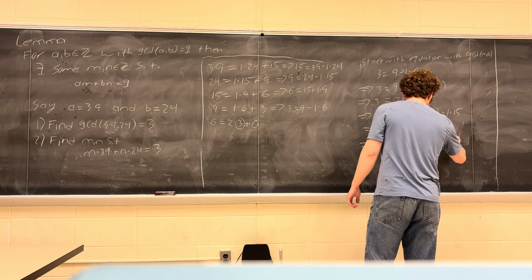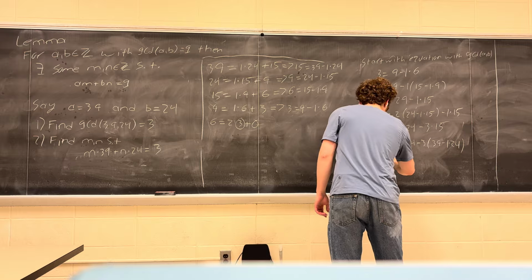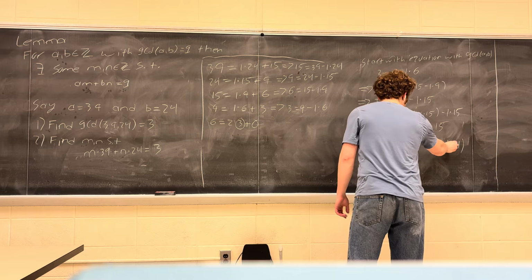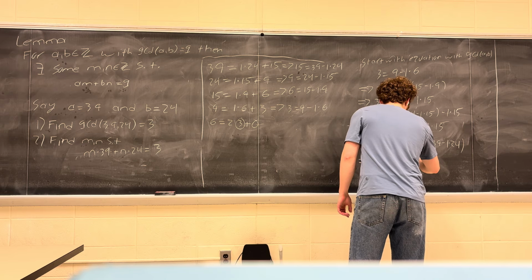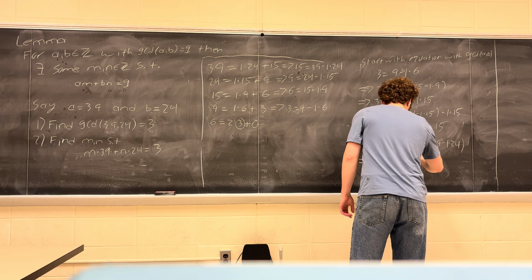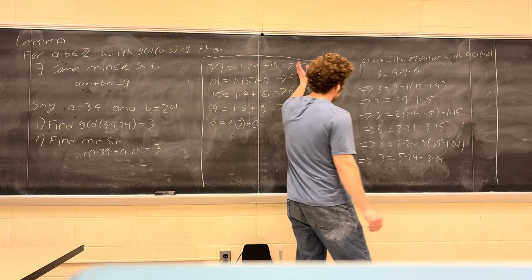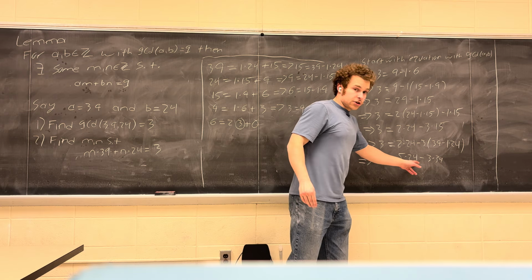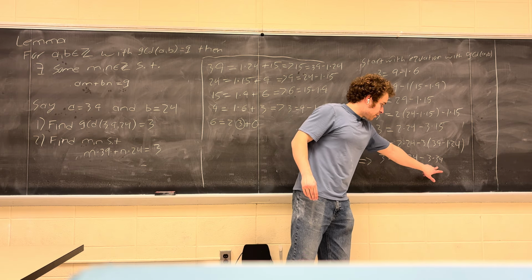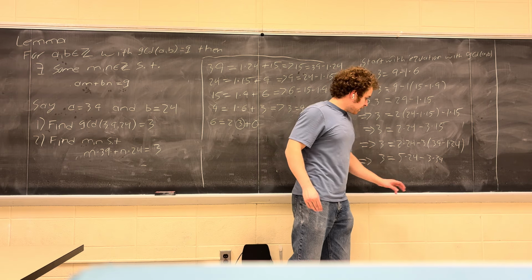Simplify everything again: distribute this, and we get 5 times 24 minus 3 times 39. We have no more equations to plug in. We have something involving just 24 and 39, which was our original goal, as well as the GCD.